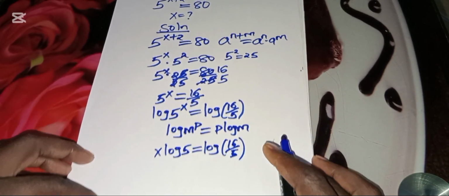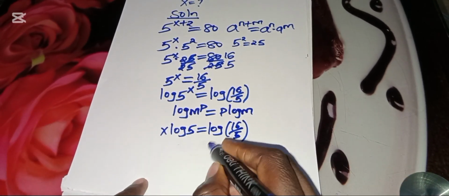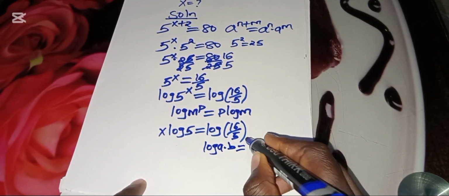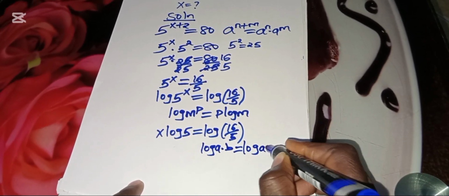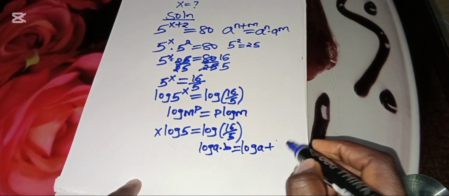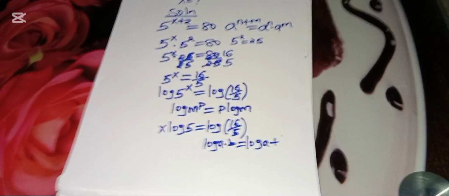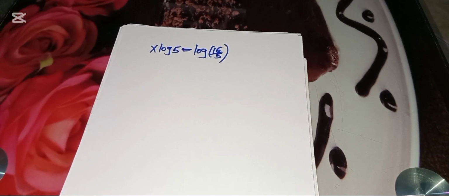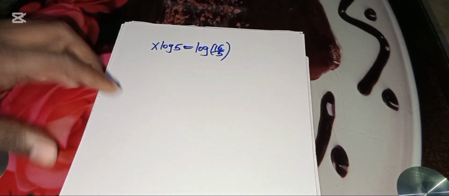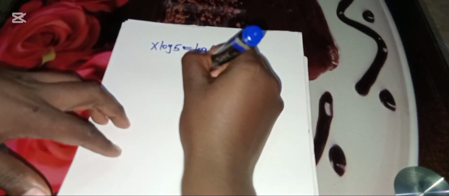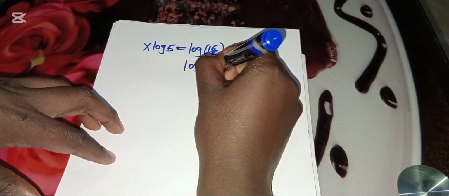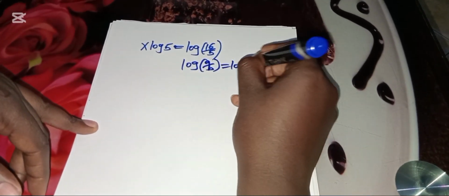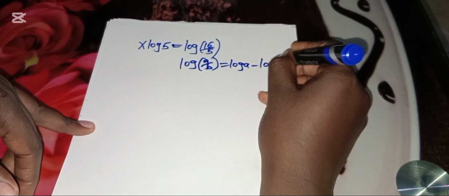Okay, so if you have log a divided by b, we can express this as log a subtract log b.